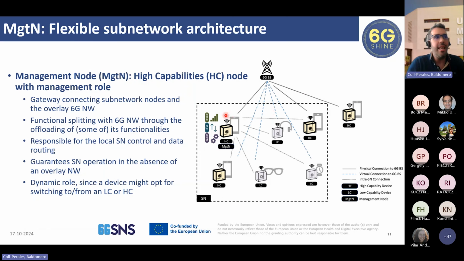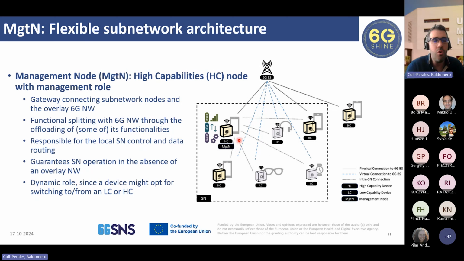As I said, a key element for realizing a flexible subnetwork is the management node. This is a high capability node with a management role, which, in addition to connecting to the 6G cellular infrastructure like other high capability nodes can do, can also act as a gateway for connecting other subnetwork nodes to the cellular infrastructure.